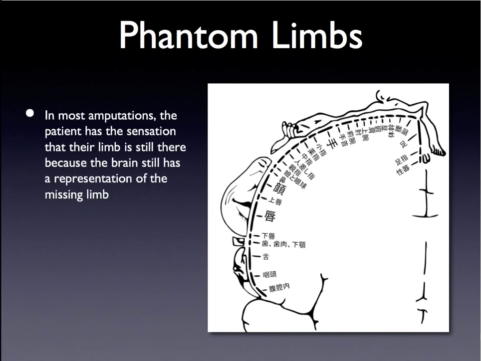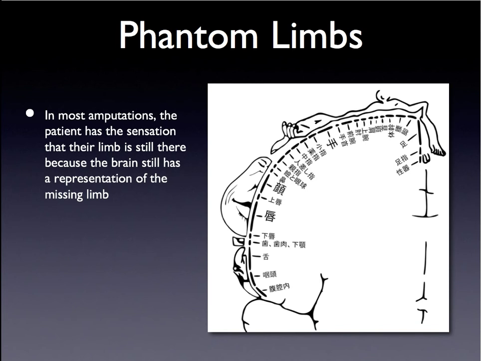What's also interesting is the notion of phantom limbs, which I'm sure you've heard about. When people have an amputation, they lose a hand or a foot, they have the odd sensation that the limb is still there.